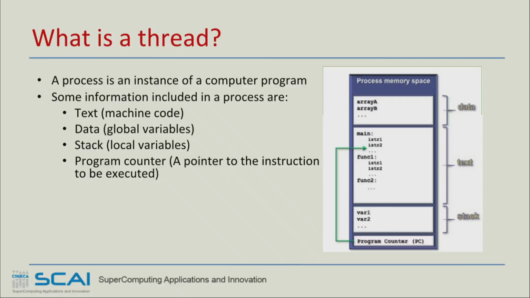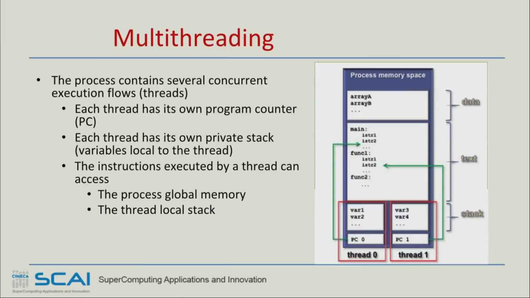Then you have the stack, in which you have the local variables. And then you have essentially a program counter, that is a pointer to the instruction to be executed. So the heap, the text that is your source code translated to the assembler or whatever. Then you have the stack and this counter that points to where you're progressing in your execution.